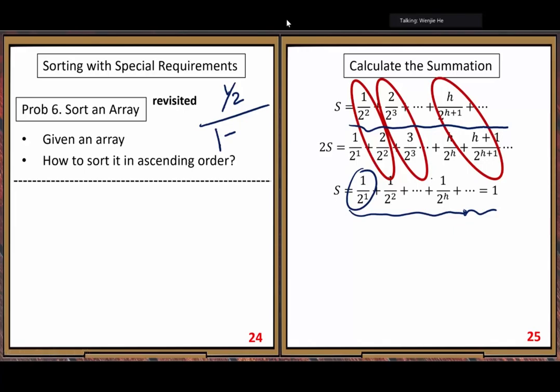The common ratio between two adjacent terms is 1/2. So 1/2 over 1/2, and the final answer is 1. S equals 1. This infinite summation equals 1.